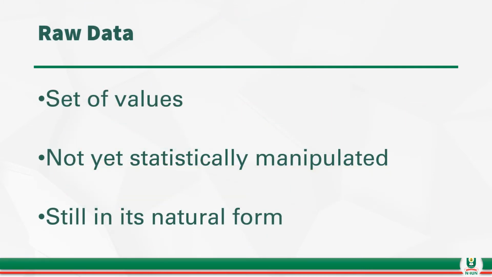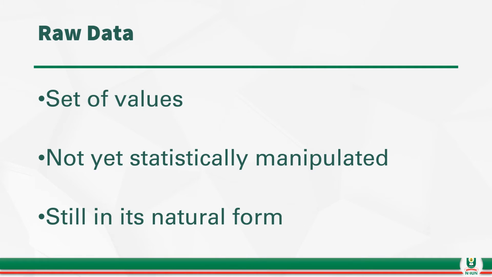So that brings us back to that activity, raw data. So what is raw data? Raw data are a set of values that are not yet statistically manipulated, still in their natural form. How do we mean? You go out there, you get values, like in those pictures that I showed you, values of the population of men, women, and children in National Open University of Nigeria.